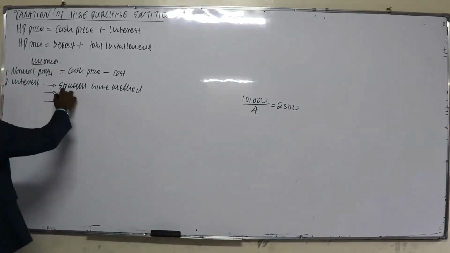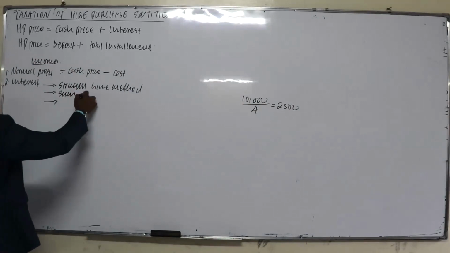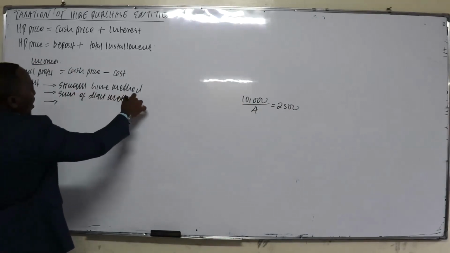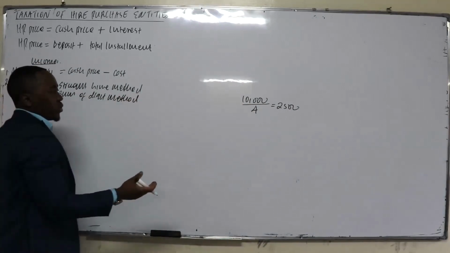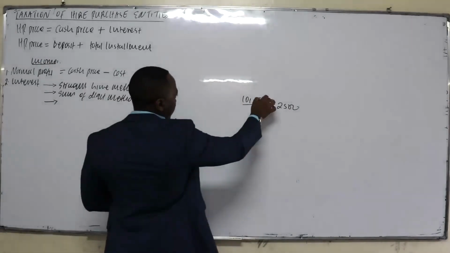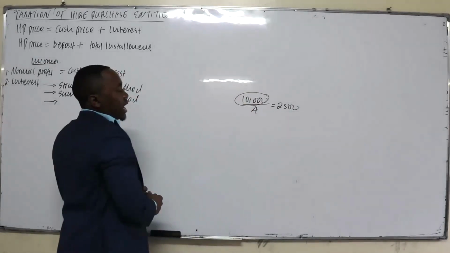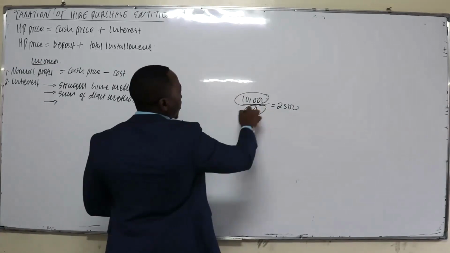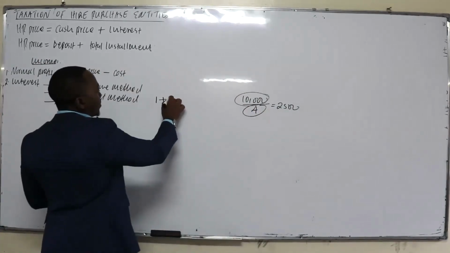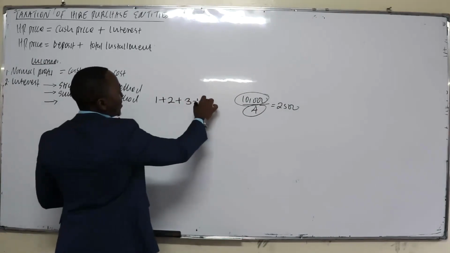Number two, you can also use what we call the sum of digits method. Now, under sum of digit method, this is where you allocate the interest over the installment period. For example, in this case, assume that the interest earned was 10,000 and the customer was to pay in 4 installments. So how does the sum of digit work? It's 1 plus 2 plus 3 plus 4.